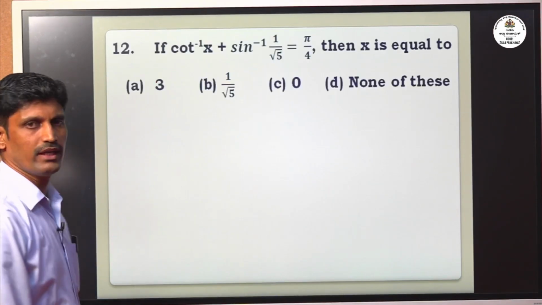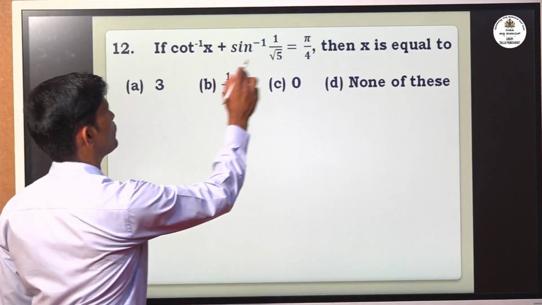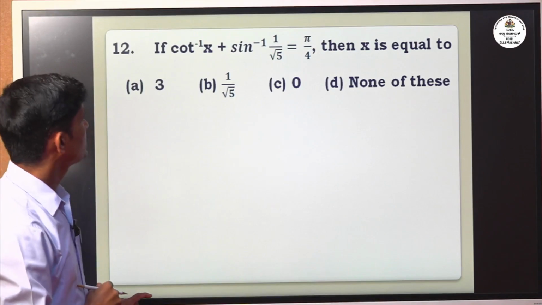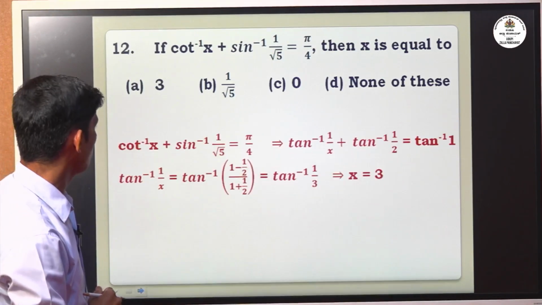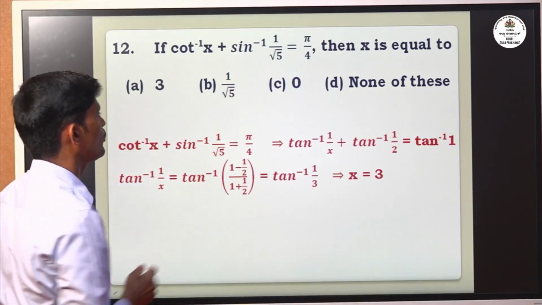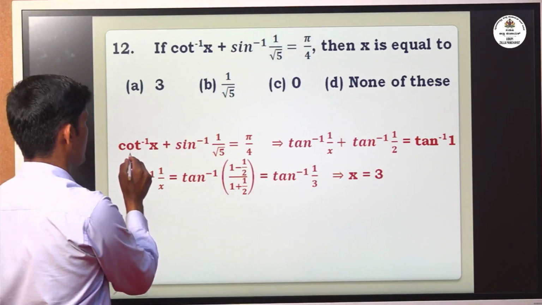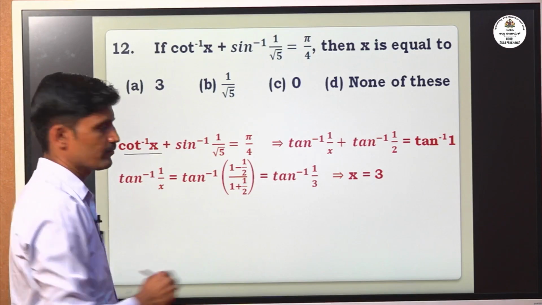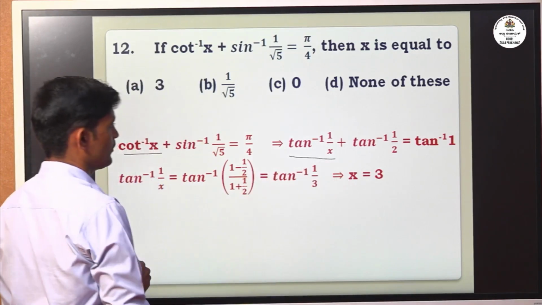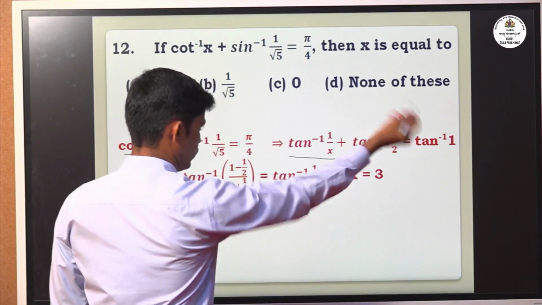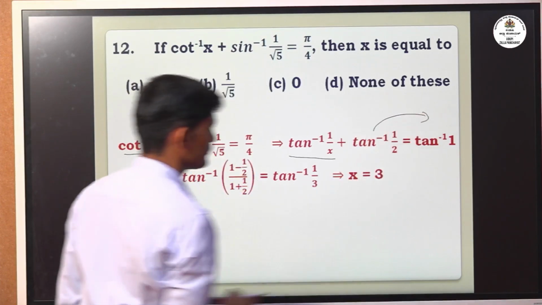Next, question number 12. If cot inverse x plus sin inverse of 1 by root 5 is equal to pi by 4, then the value of x is. We can write cot inverse x as tan inverse of 1 by x by identity. So tan inverse of 1 by x plus tan inverse of 1 by 2 equals tan inverse of 1, or you can shift this to the right.